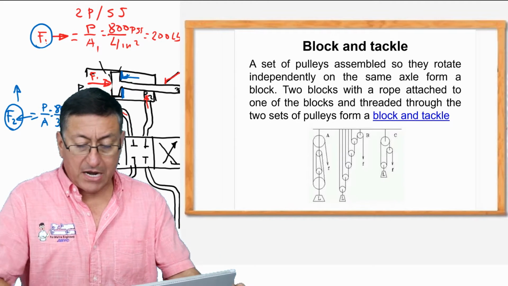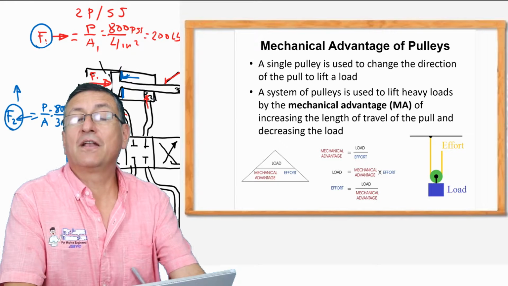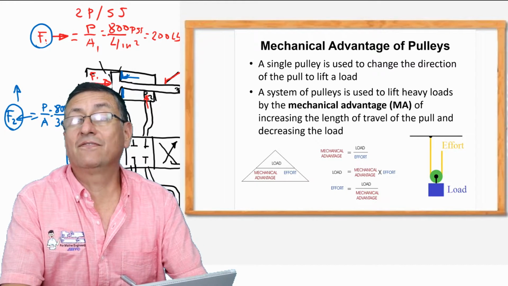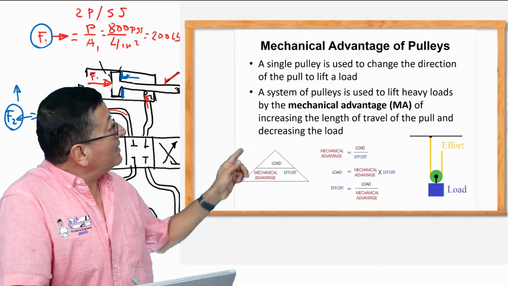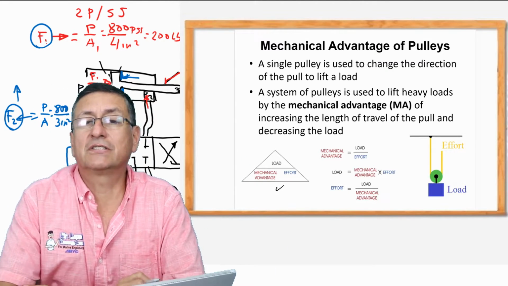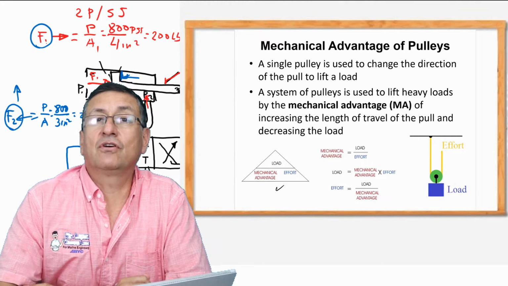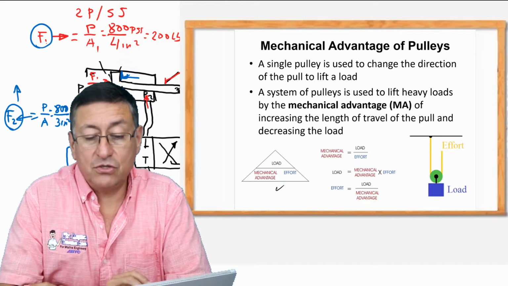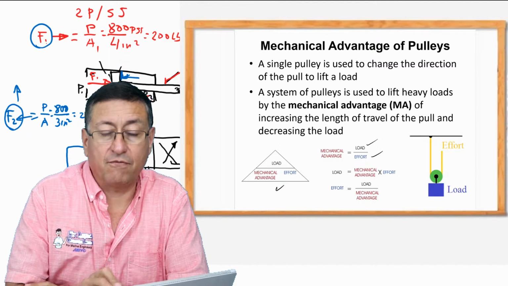Blocks and tackles. Alright, and now we are going to try to understand what is the meaning of mechanical advantage. If you see that formula, this triangle is a perfect example to understand the definition of mechanical advantage. Mechanical advantage is basically the ratio between the load and the effort.